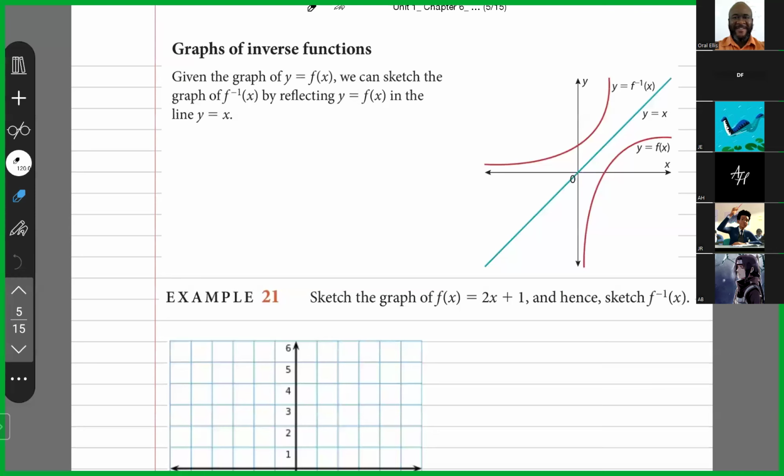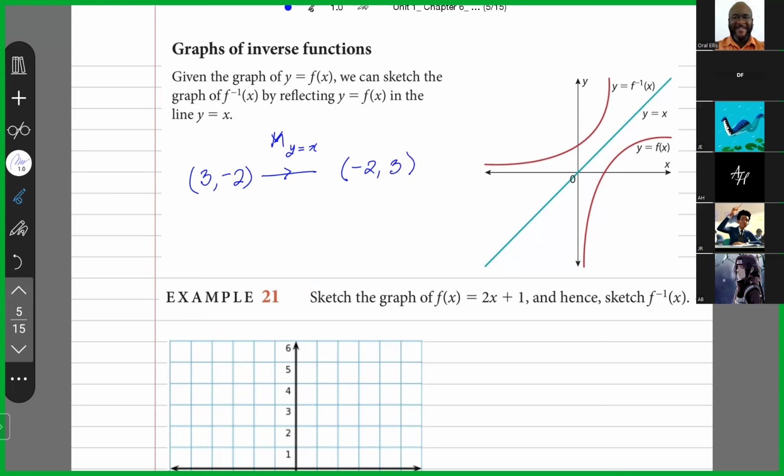And the reason for that is whenever you reflect a point in the line y is equal to x, the image point is found by interchanging the x and y coordinates. So, for example, the point 3, minus 2, reflected in the line y is equal to x becomes the point minus 2, 3.